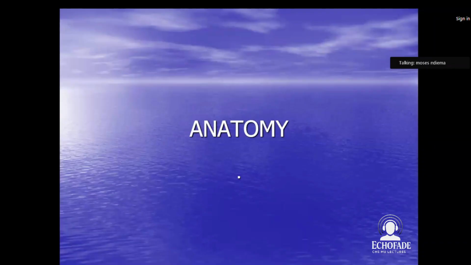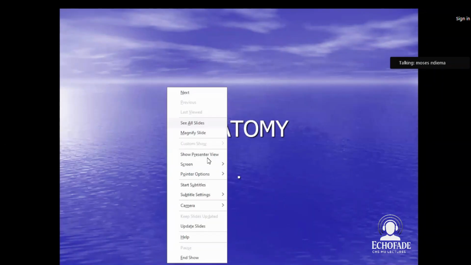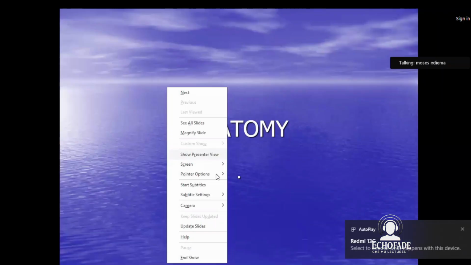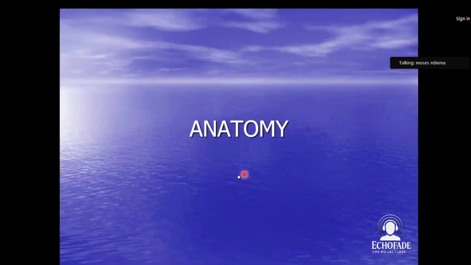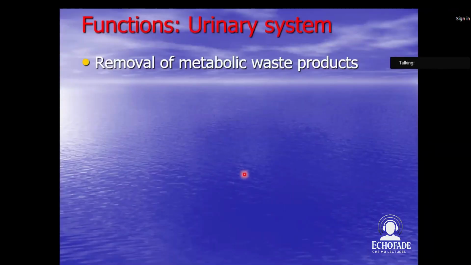So I'd like us to first address the functions of the urinary system. And after addressing these functions, we'll see how the structure of this urinary system is suited to the function. How do they match to that function? One of the most important functions is removal of metabolic waste products.